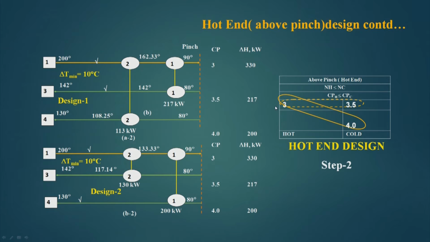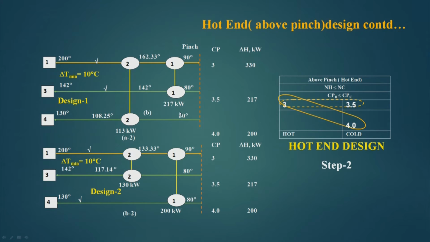So, the remaining is 330 minus 217, which comes out to be 113. That means this stream number 1, which is a hot stream, has 113 kilowatt of energy with it. So, it can only transfer 113 kilowatt energy to any cold stream, and once it transfers this amount of energy, it is ticked off. That means all its energy has been consumed.